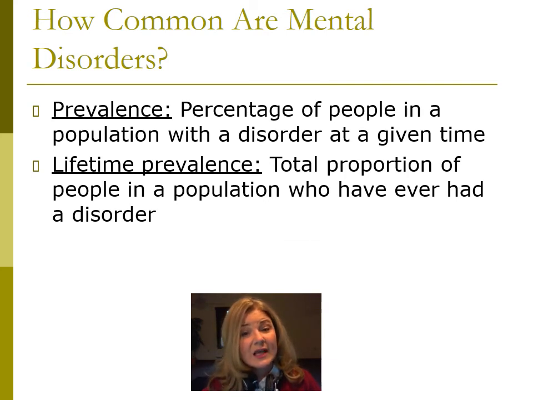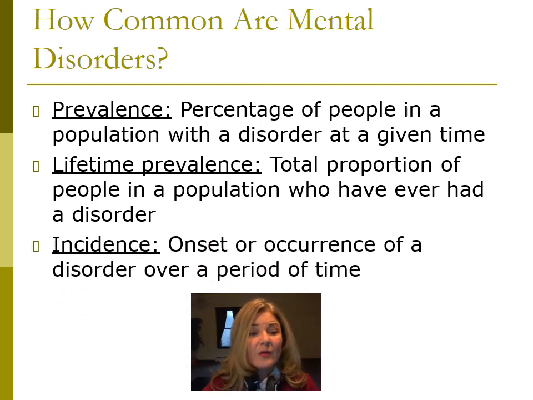Lifetime prevalence would be the total proportion of people in a population who have ever had that disorder. So that means that over their lifetime, have people had this disorder? And then we also have incidence, the onset or occurrence of a disorder over a period of time.